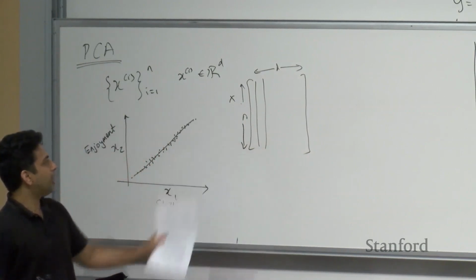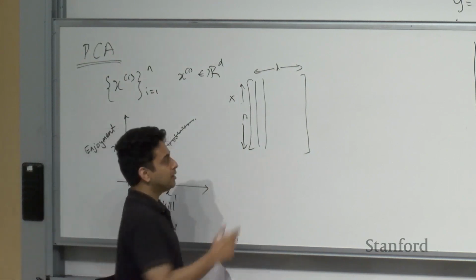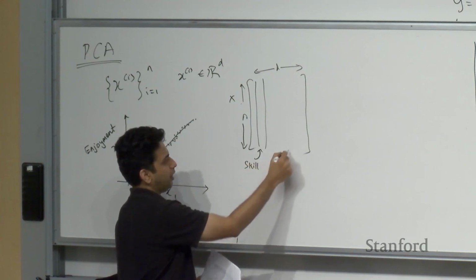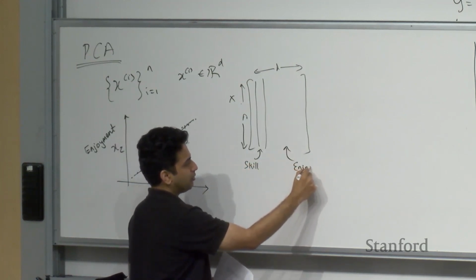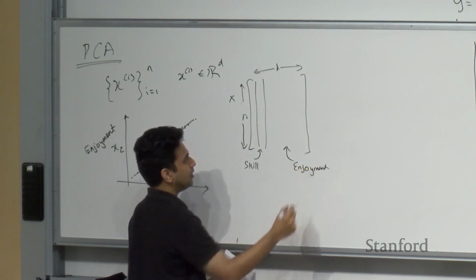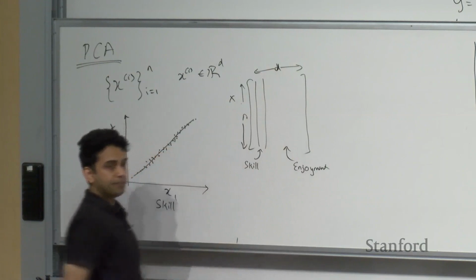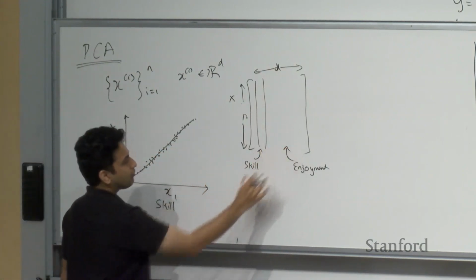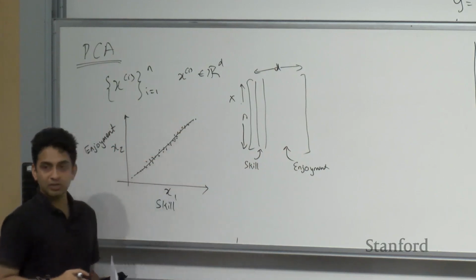So if this is a data set about pilots, and one of the features is their skill level, and another feature is the level of enjoyment they report flying helicopters, then even though this looks like a d-dimensional space, many of your features may actually live in a lower dimensional space.